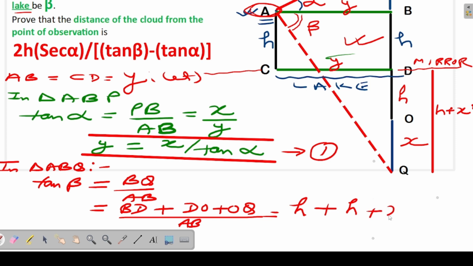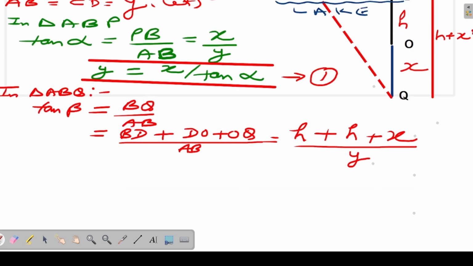OQ is x, right? Divided by AB. What is the length of AB? We have assumed it as y. Now from this, we came to a value that tan of beta equals 2 times h plus x by y.